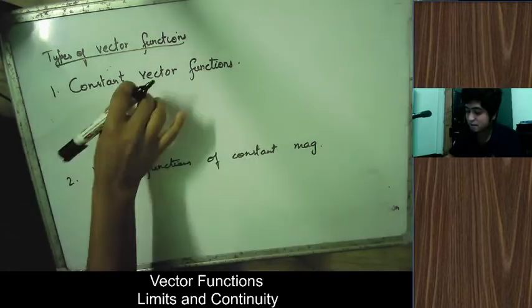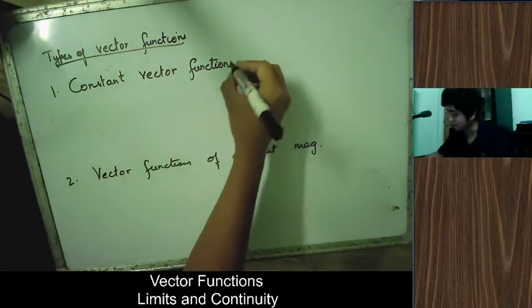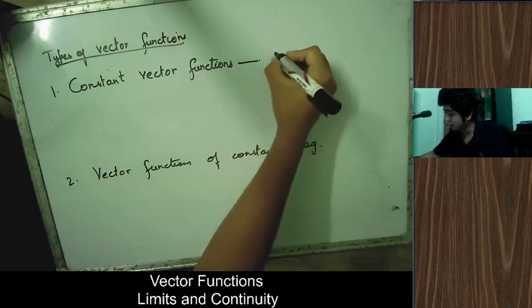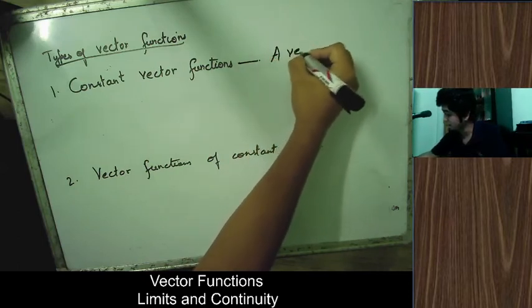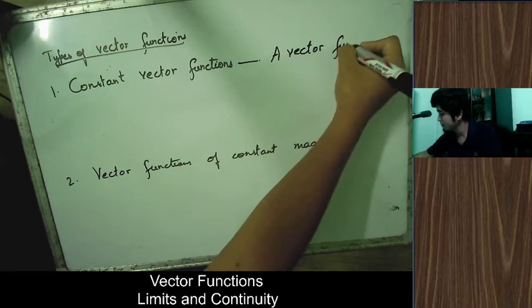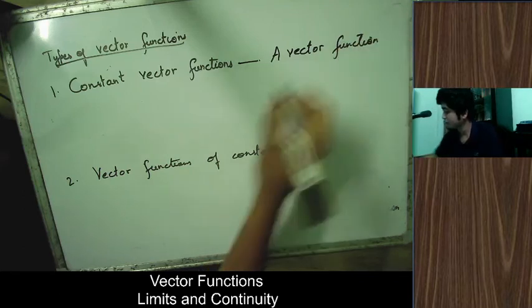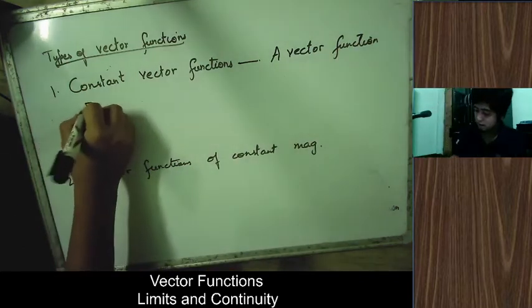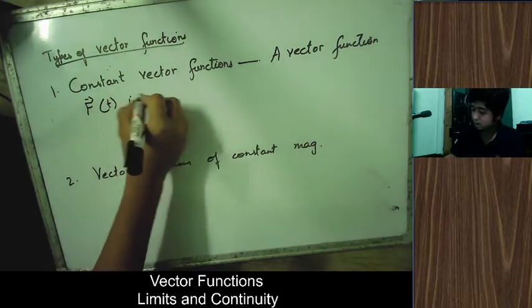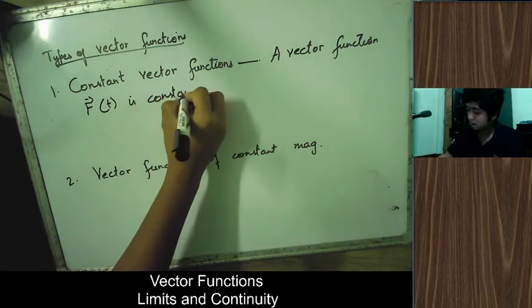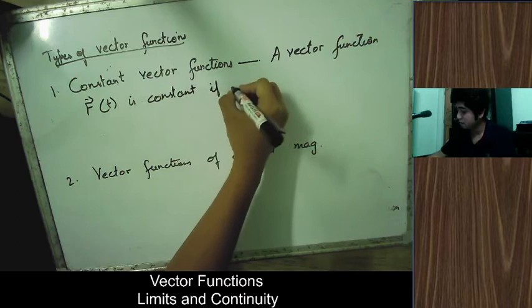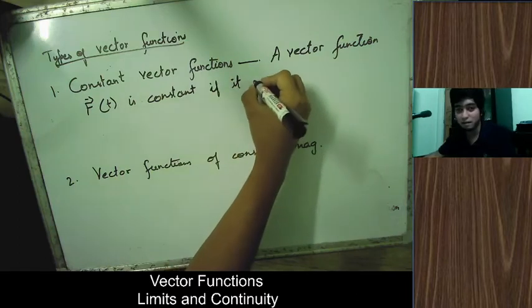Let us first see what a constant vector function is. A vector function f(t) is constant if it does not depend on t.